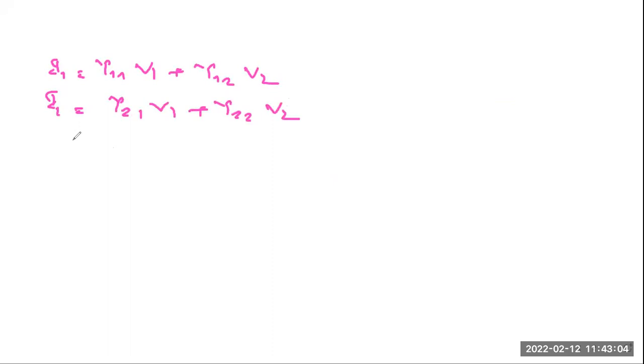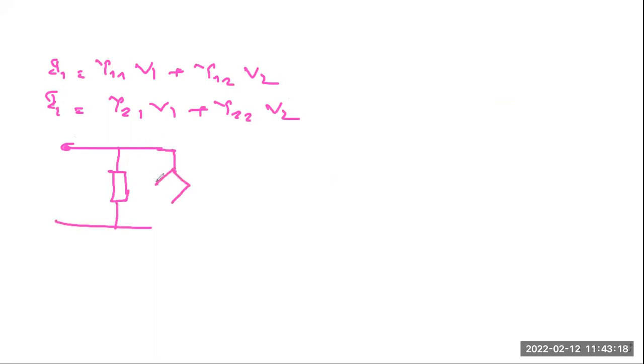We are going to draw the equivalent circuit of the Y parameters for a two-port network. We know the basic equations: I1 equals Y11 V1 plus Y12 V2, and I2 equals Y21 V1 plus Y22 into V2. If we draw the equivalent network, this is an admittance.